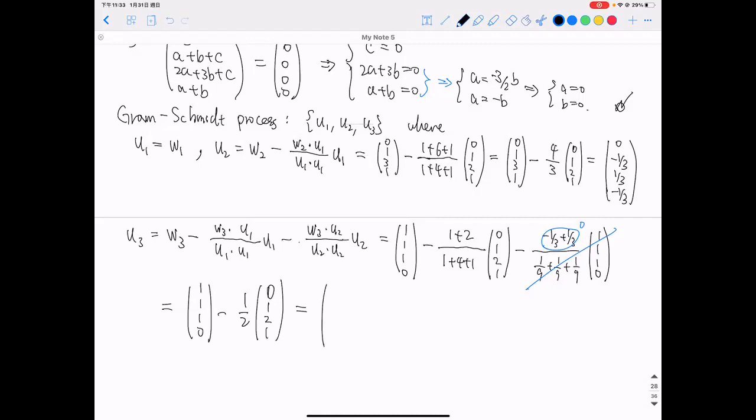So that's 1 minus a half, 1 minus 1, 0, 0 minus a half.